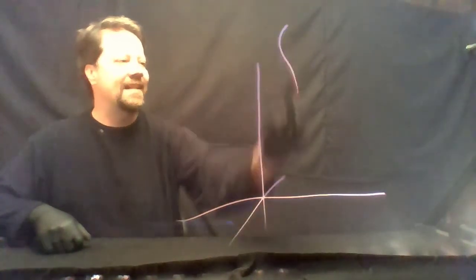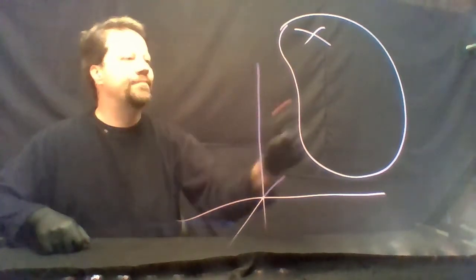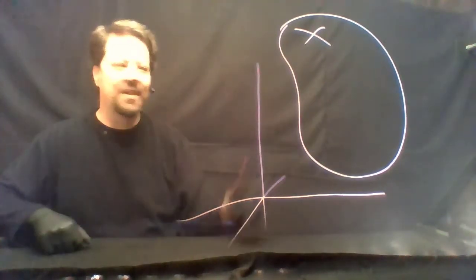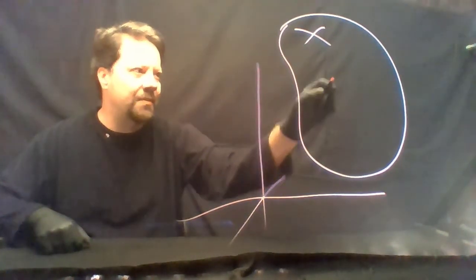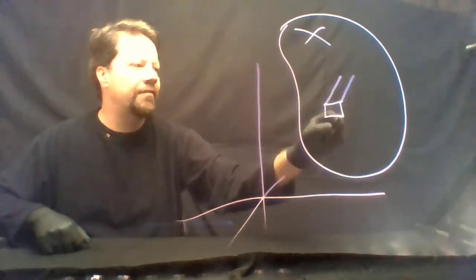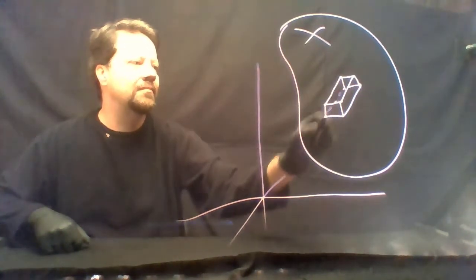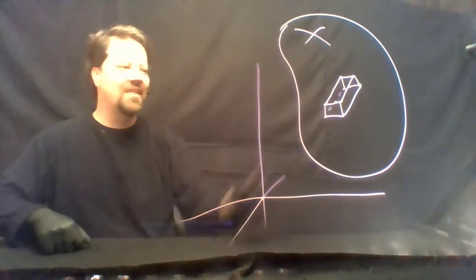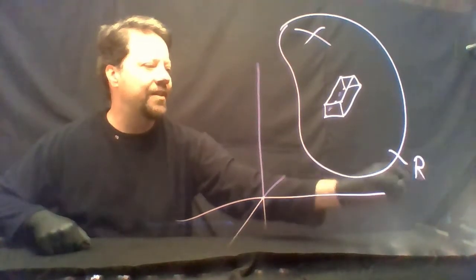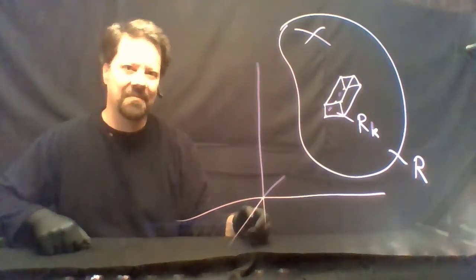We're going to take some generic kidney-shaped blob, and we're going to drill little French fry-shaped blobs all the way through from front to back, like this. If we have the region R, we're going to have these little subregions R sub k.